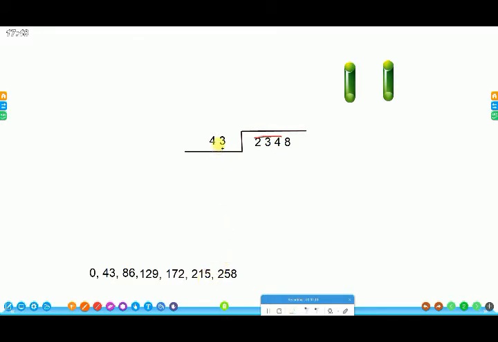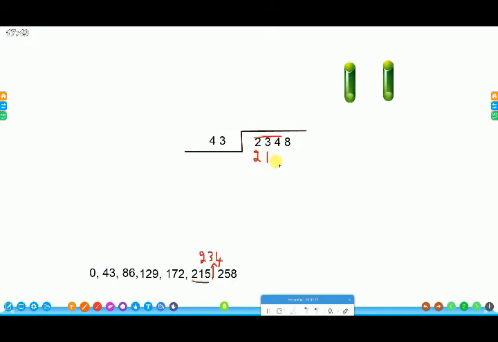If I add 43 one more time, I will obtain a multiple of 43 that is greater than 234. So 234 is between 215 and 258. Of course, I must take the multiple of 43 just before 234, which is 215.